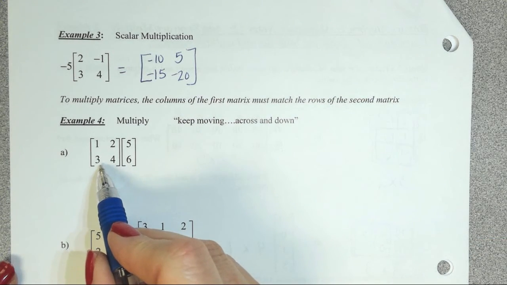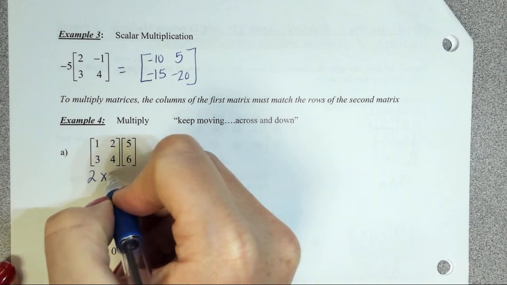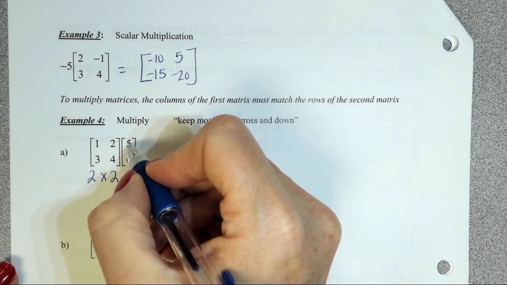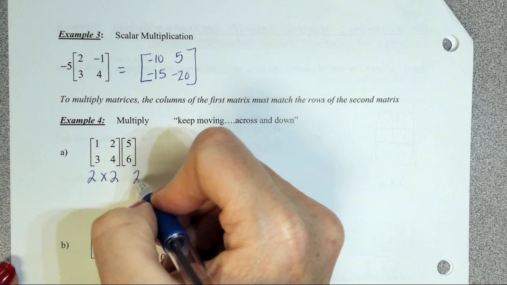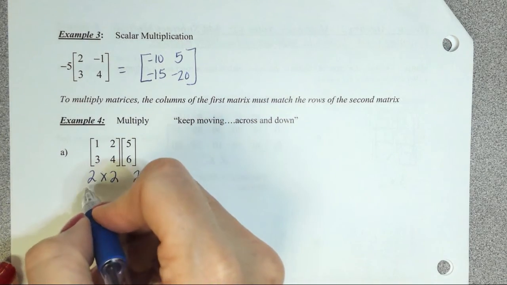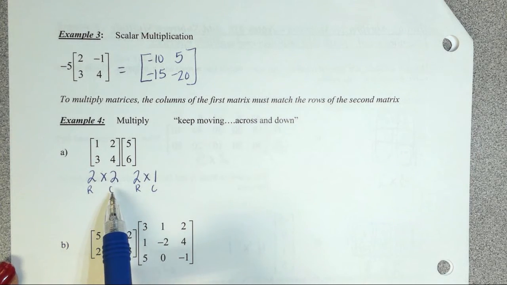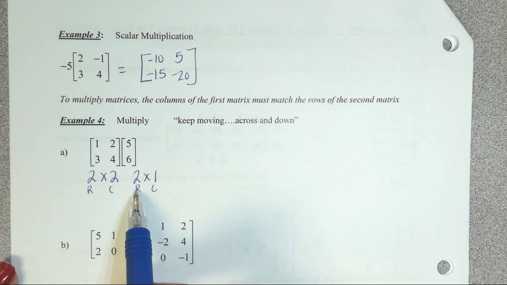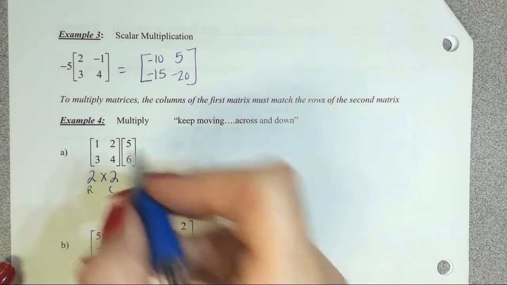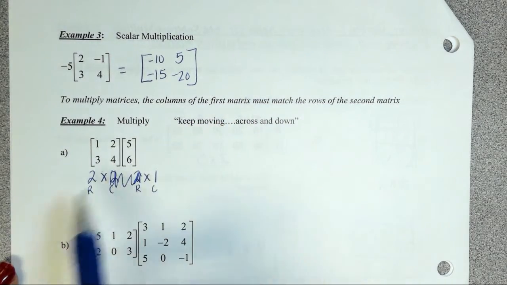What are the dimensions of this matrix? 2 by 2. What are the dimensions of this matrix? 2 by 1. Do the number of columns, remember this is rows, columns, rows, columns. Does the number of columns from this row match the number of rows from this one? Yeah, so I can multiply them. Here's what I like to do, is now just get rid of those.